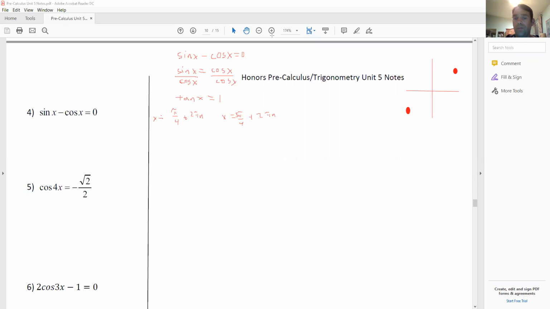Notice, if I add pi, I get to one. If I add pi again, I'll get to the other. They have a 180-degree rotation, and because of that, we can go ahead and link them together.